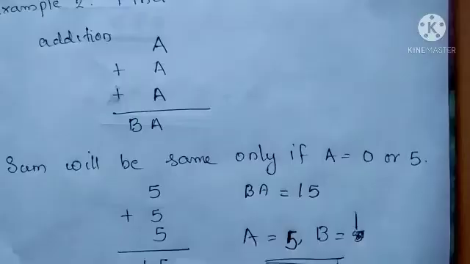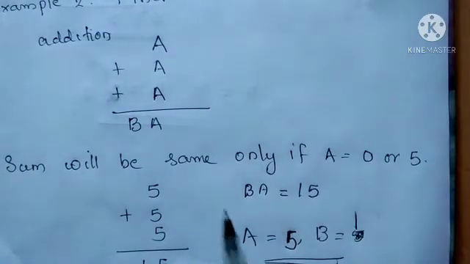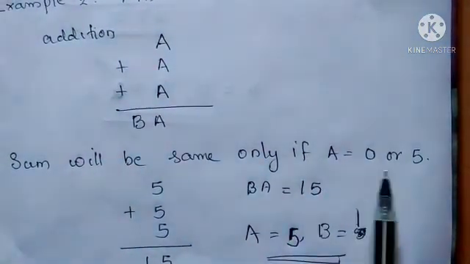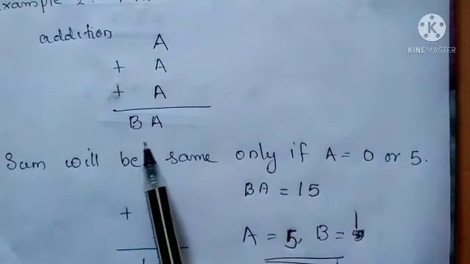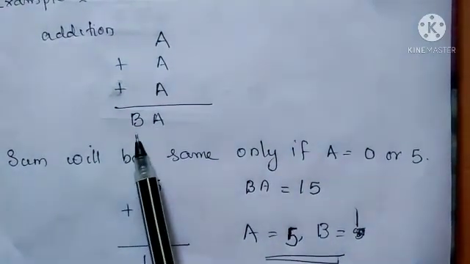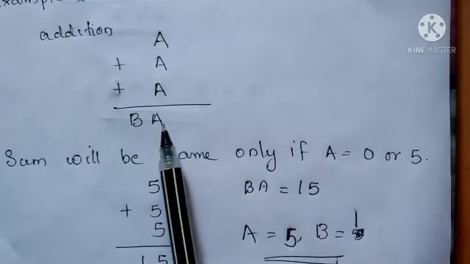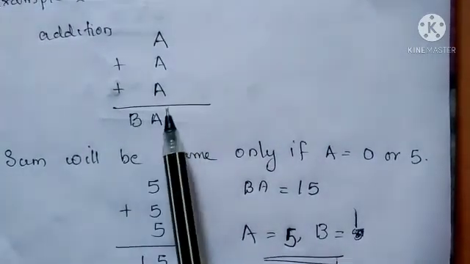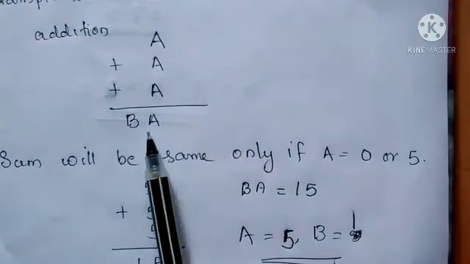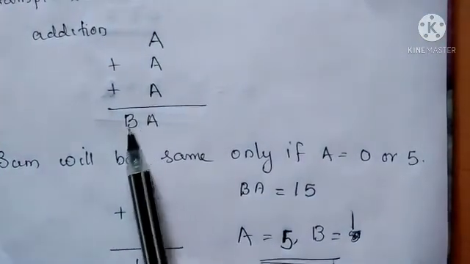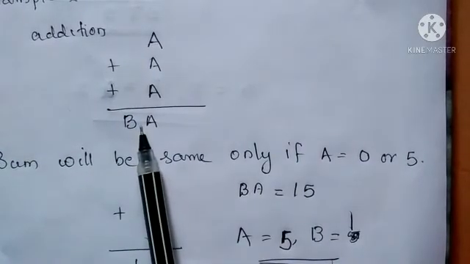So we can write the steps. The sum will be the same only if A equals 0 or 5. If 0, no digit will be in the tens place: 0 plus 0 plus 0 is 0. But the condition given is that the first digit should be a non-zero digit.